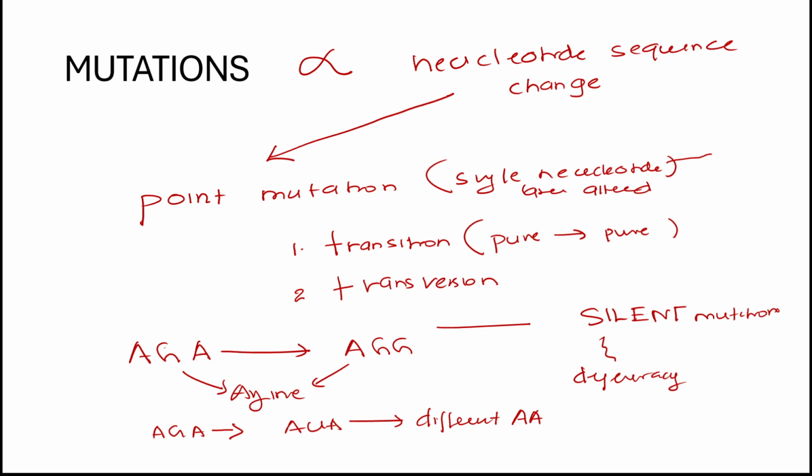Now, according to the location of this amino acid, it can be further classified into three types. The manifestations would change according to the location. They could either be acceptable, partially acceptable, or unacceptable. Unacceptable means the changes are very drastic.